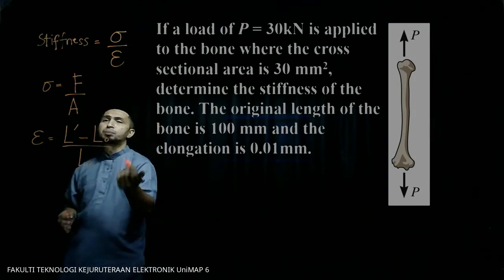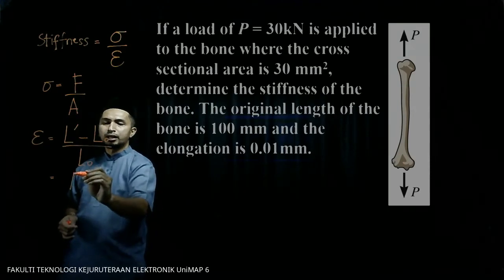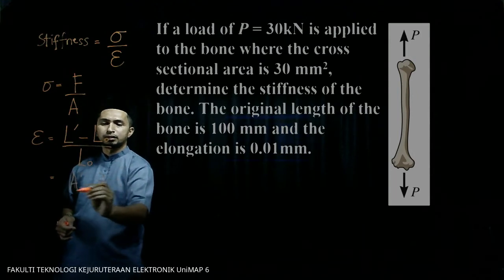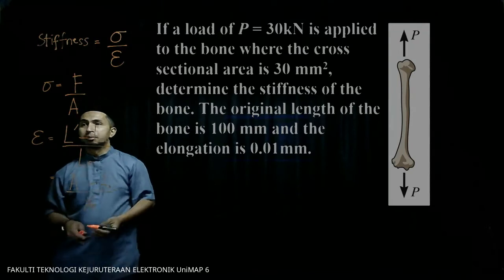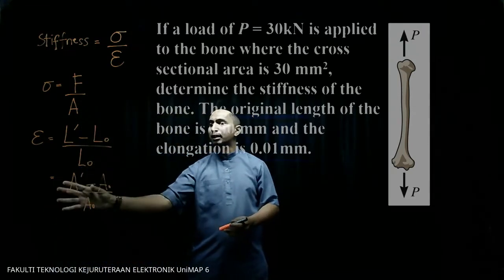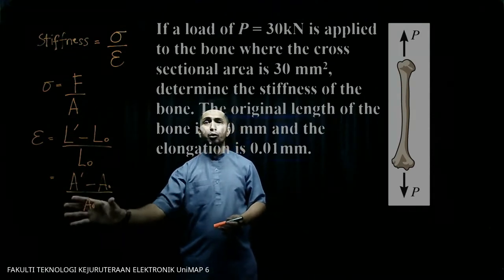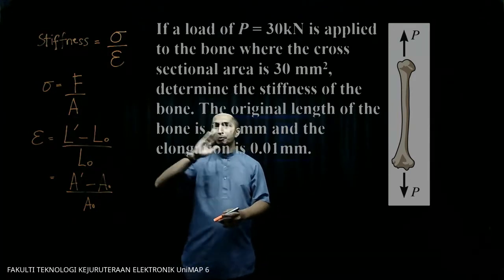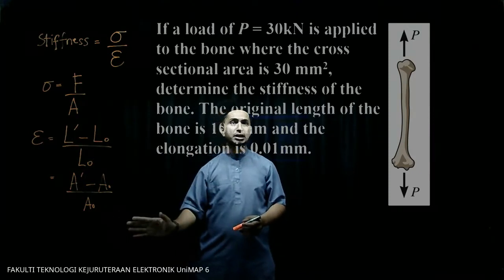Or ataupun final area divide by original area minus original area divide by original area. Meaning that anything that has the final dimension minus the original dimension divide by original dimension, then it will be strain. Apa-apa saja yang final minus original divide by original, we call it strain.